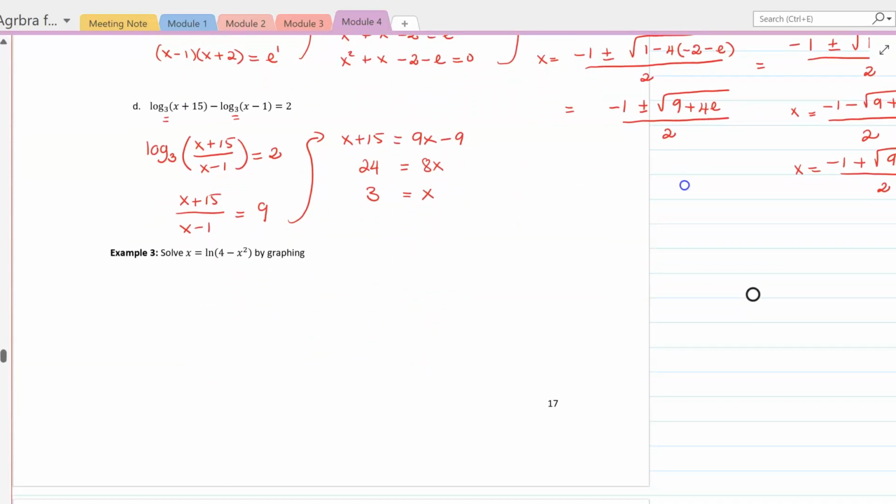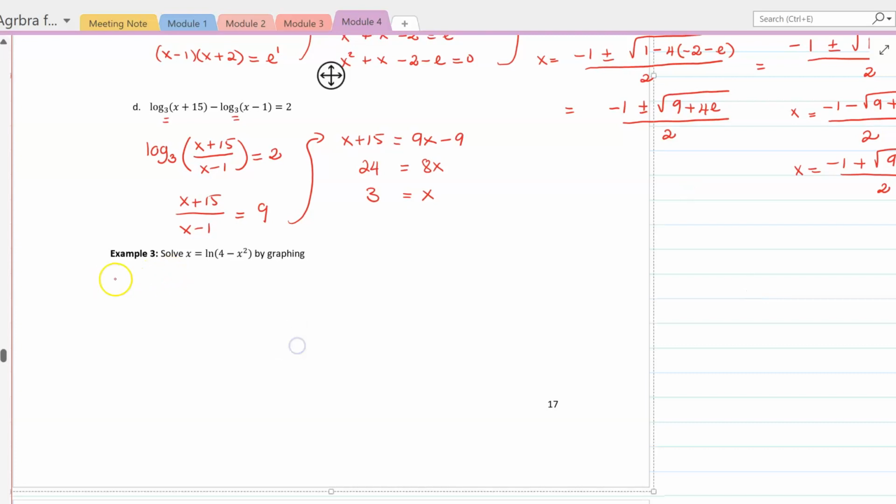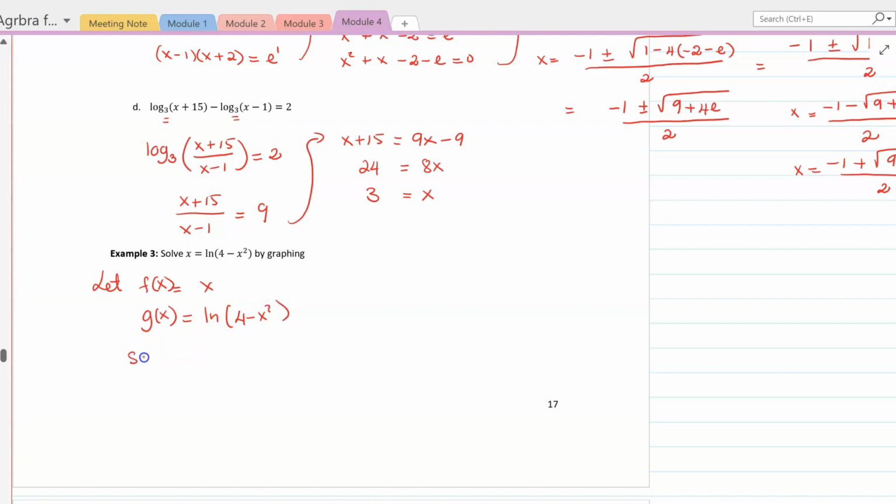Here we want to solve this equation by graphing. To solve by graphing, I can go ahead and split this up. Let f of x equal x and g of x equal ln of 4 minus x squared. The solution is the intersection of the graph of f of x and g of x.